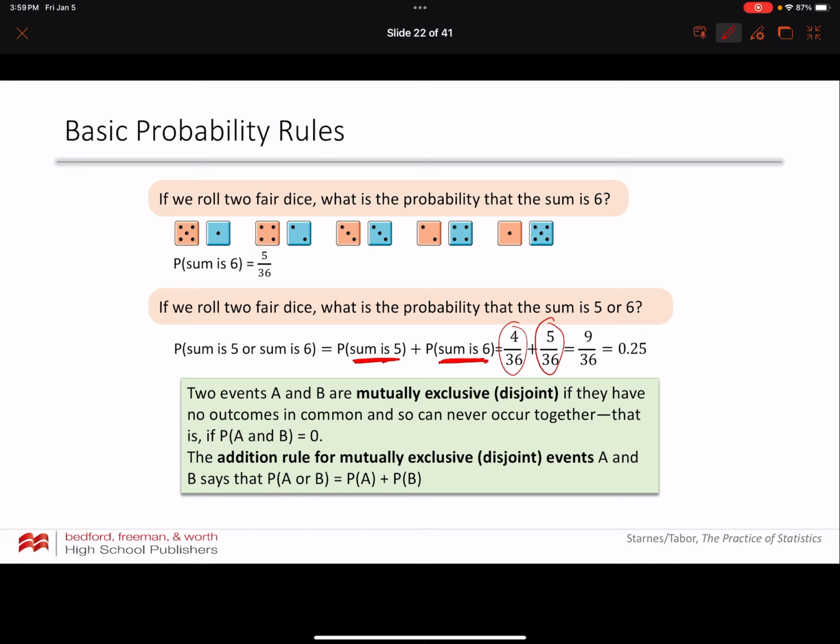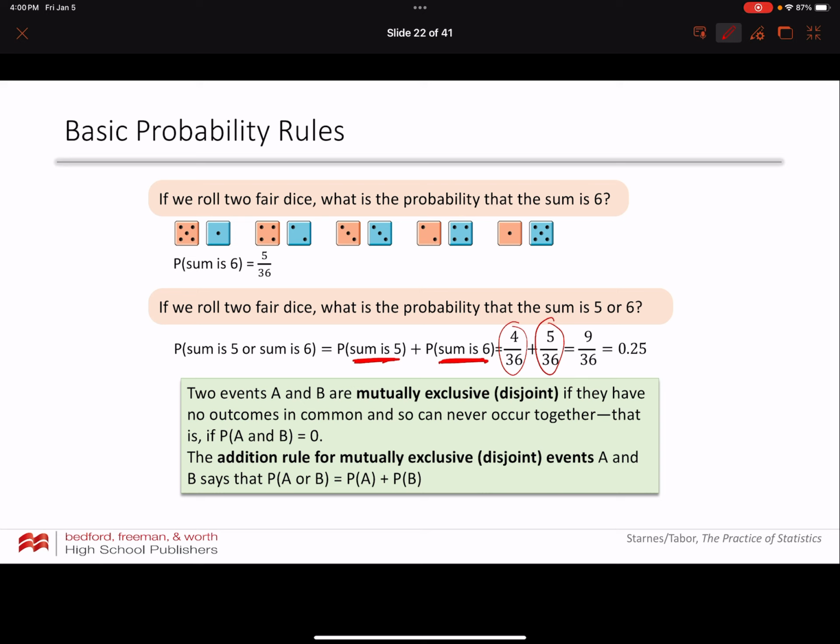These two events are what we call mutually exclusive, and to complicate things even more, we can also call them disjoint. As you can see, these two words, mutually exclusive and disjoint, mean exactly the same thing. They're interchangeable. When you read mutually exclusive, and then disjoint in the next sentence, you should know that they mean the same exact thing, and you can use them interchangeably as well.